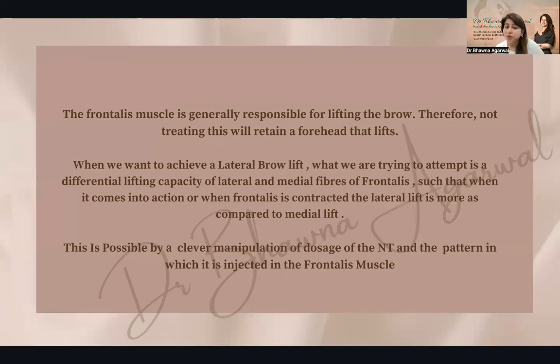But when we want to achieve a lateral brow lift, what we are trying to attempt is a differential lifting capacity of the lateral and medial fibers of frontalis, such that when the frontalis is contracted and the eyebrows are raised, the lateral lift supersedes the medial lift. That means the lateral lift is more as compared to the medial lift. This is only possible by the clever manipulation of the dosage of the neurotoxin and the pattern in which it is injected in the frontalis muscle.